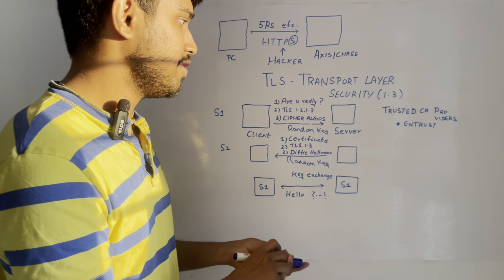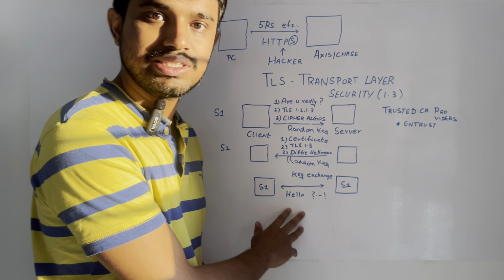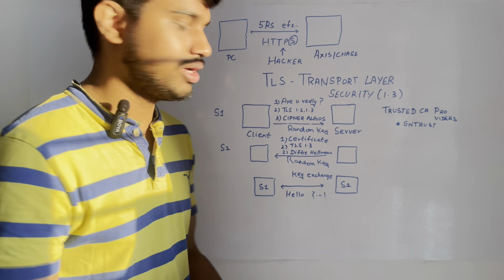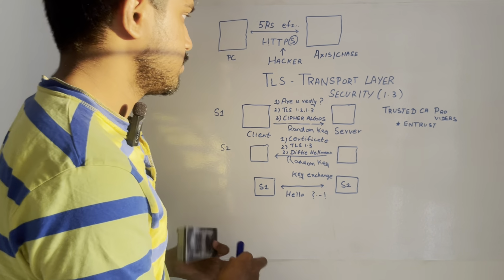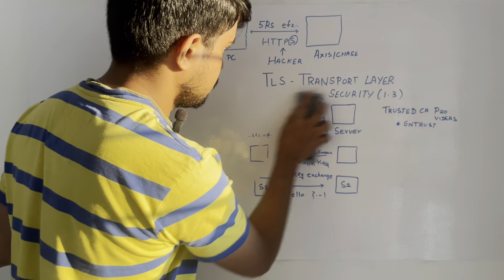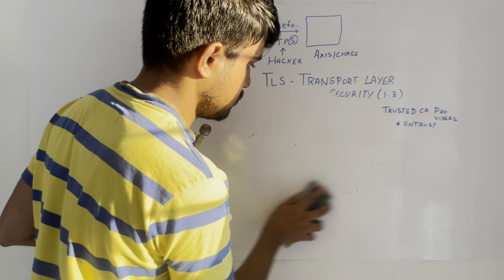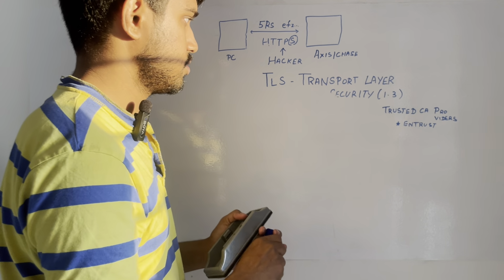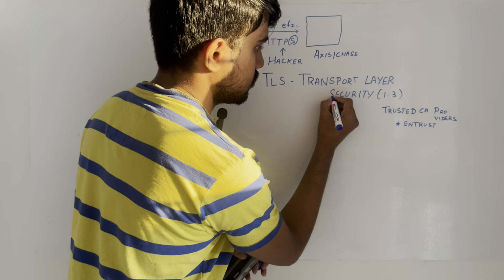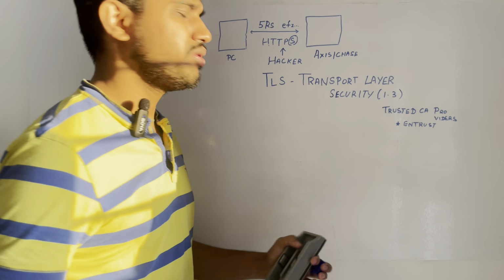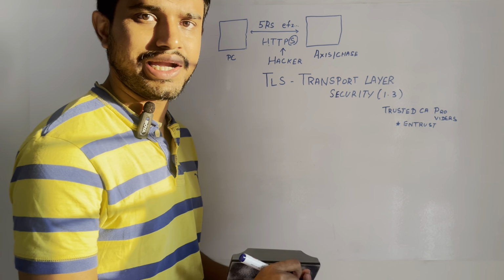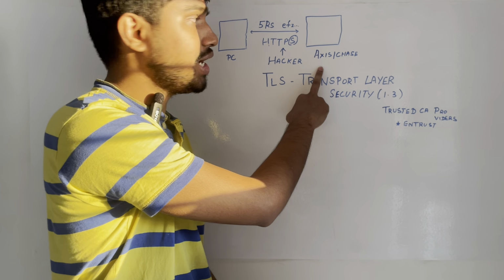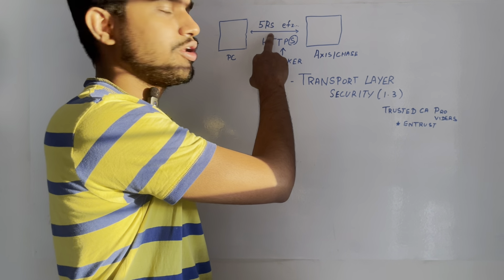So I'll quickly explain what happens in the key exchange with respect to TLS 1.3 and the Diffie-Hellman algorithm alone, right? Before going into it, I know this is a little bit more technical, but in general, what you need to understand is when two computers start to communicate, they want 5 rupees to be encrypted.